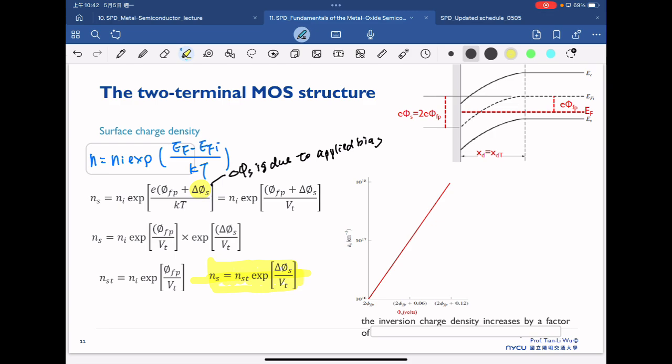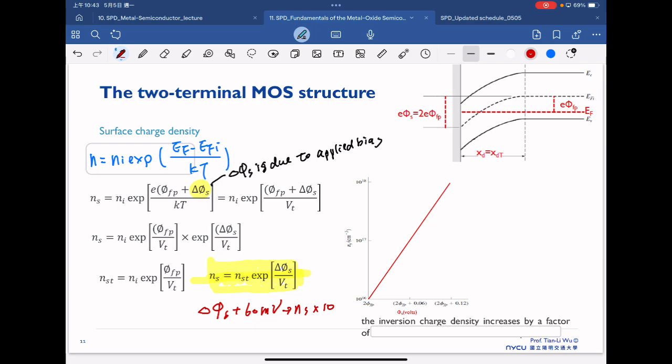This is very important, because it suggests that if we increase our delta phi s by an additional 60 millivolt, then our Ns will be 10 times larger.